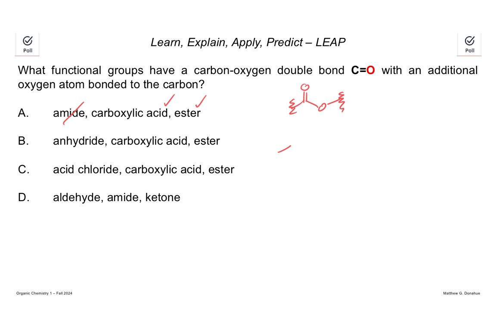An anhydride. It's called an anhydride because it's the condensation of two acids where you lose a molecule of H2O, or water. Carboxylic acid.